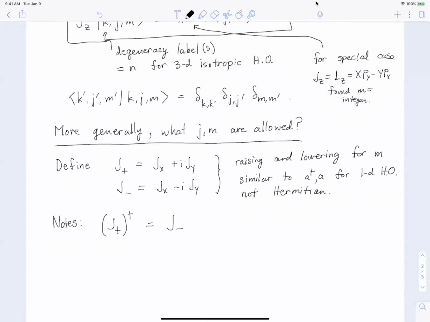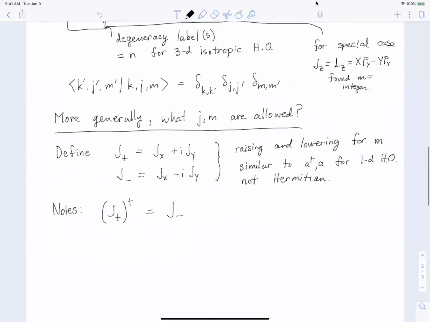That tells us what to do. Another thing is, if I take the commutator of J squared with J plus, that's equal to 0 because J squared just commutes with Jx and Jy. Same thing for J squared with J minus. And we already know that J squared commutes with J sub z. So those are all 0.